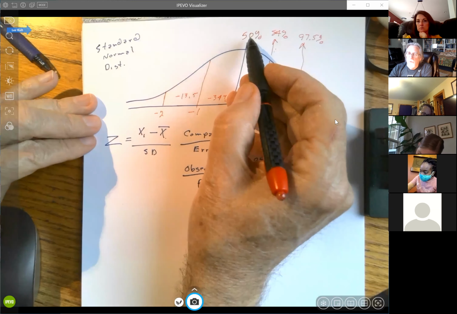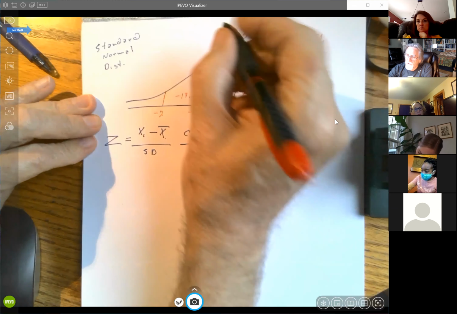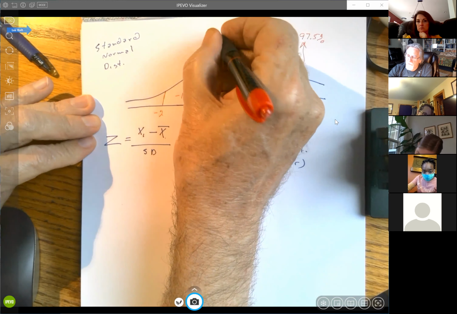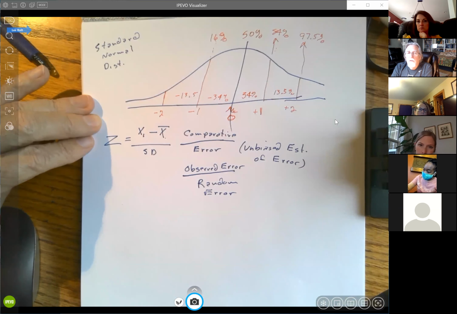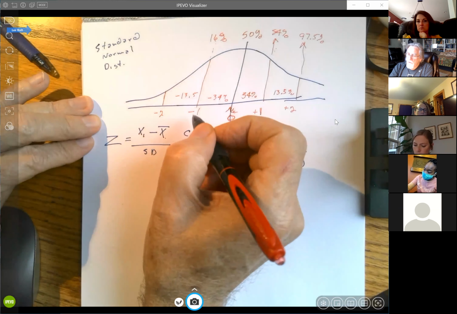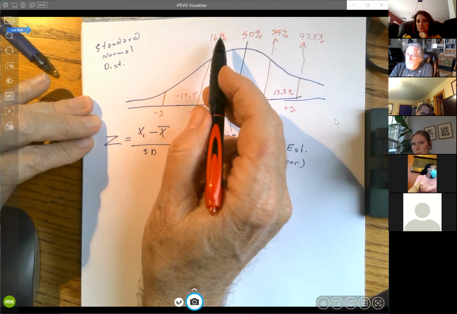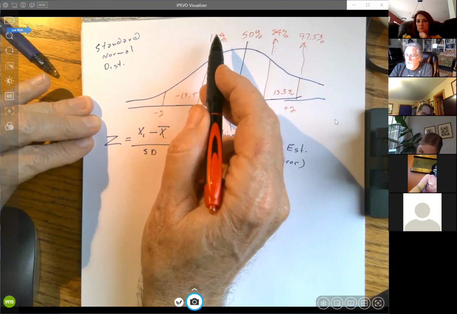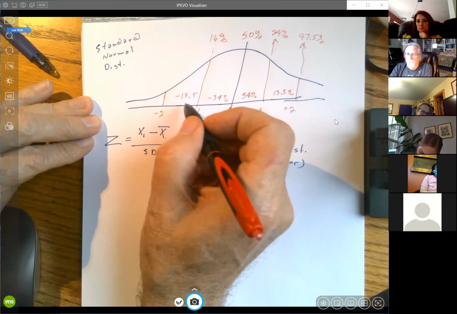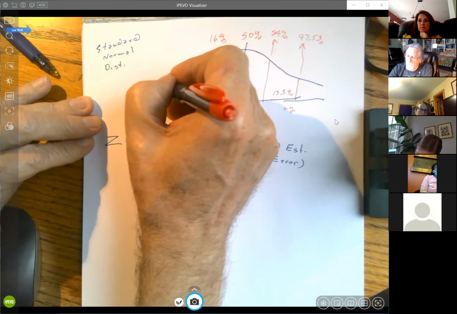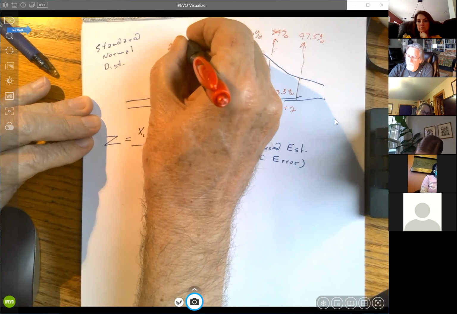So the 50th percentile minus 34% of the space is the 16th percentile. And minus 2 standard deviation units is the 16th percentile minus another 13.5% of the space. And so this becomes roughly the 2.5 percentile.